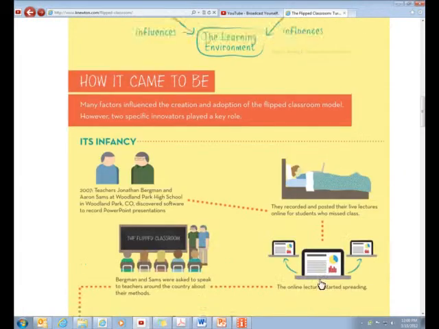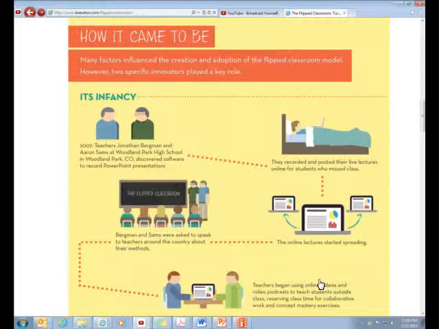How it came to be: there were two instructors in 2007 who decided to start podcasting and recording PowerPoint presentations and broadcasting those, or microcasting those, on YouTube and other platforms to children who were sick. They decided that it was so cool and had so radically transformed how students were accessing materials that it was something they wanted to discuss as a potential professional development opportunity, and they talked about it at several conferences.